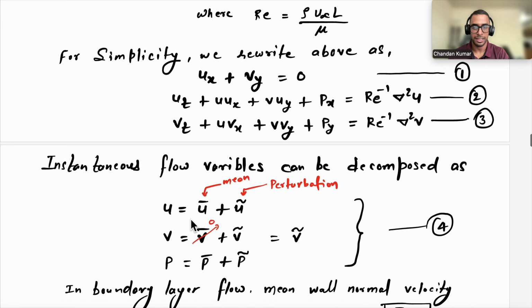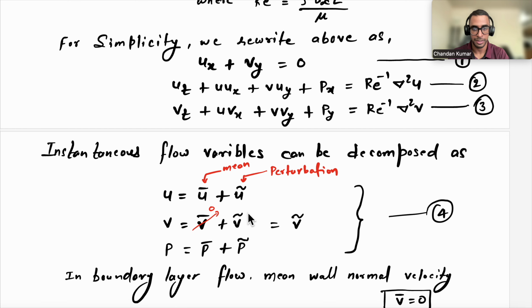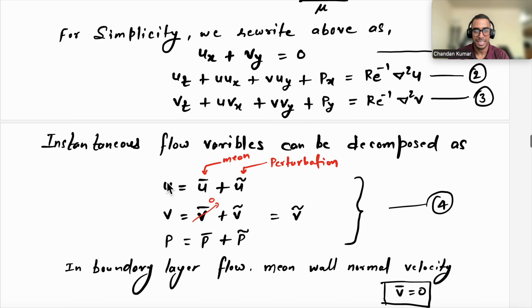Now if we consider the instantaneous flow variable, that can be decomposed in terms of the mean and the perturbation. Here we denote the mean with a bar and the perturbation with a tilde. We are not denoting the perturbation with a prime, since we use the prime for derivatives. So we can decompose each of these instantaneous flow variables in terms of the mean and perturbation.